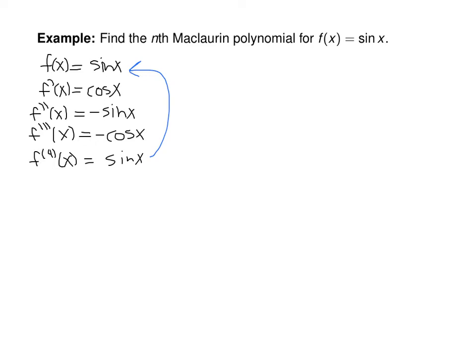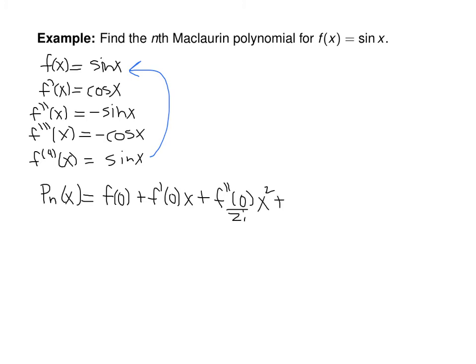So remember, in general, we have p sub n of x will equal f of 0 plus f prime of 0 times x plus f double prime of 0 over 2 factorial times x squared plus the third derivative at 0 over 3 factorial x cubed, etc. Nth derivative at 0 over n factorial.